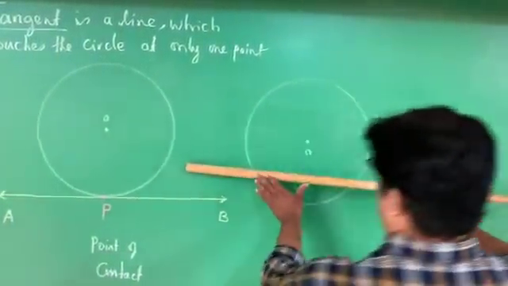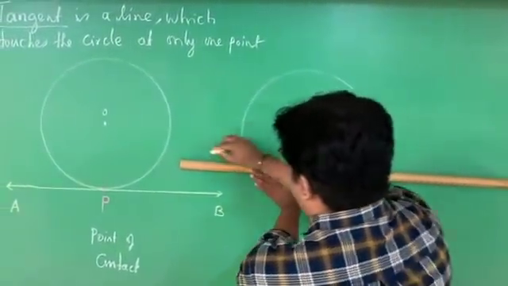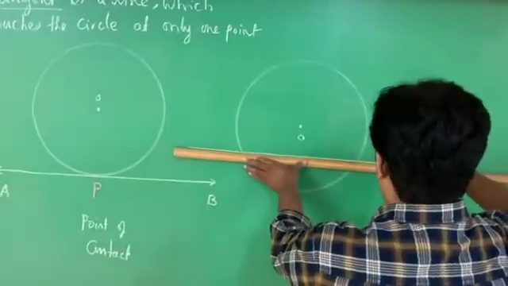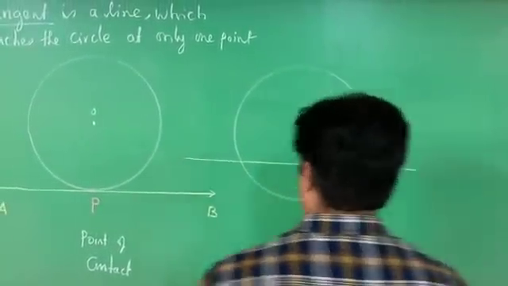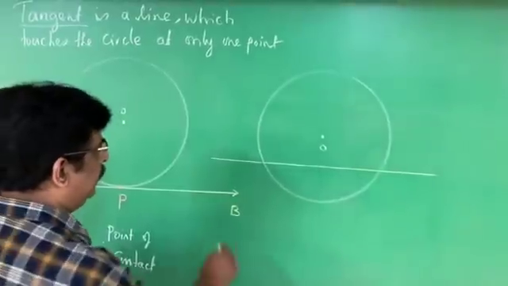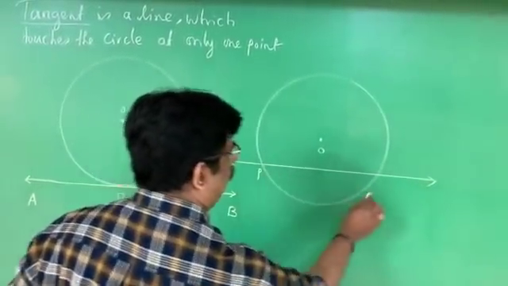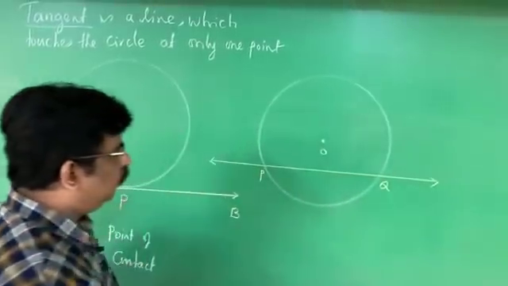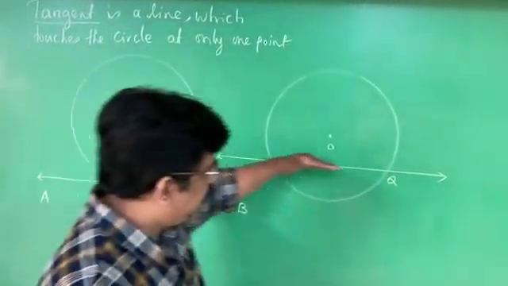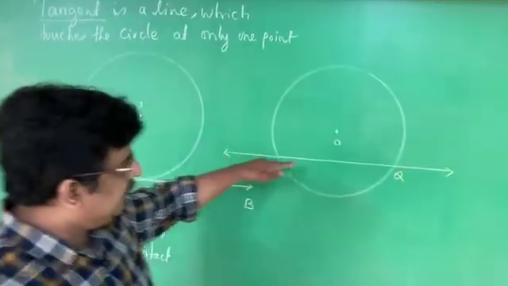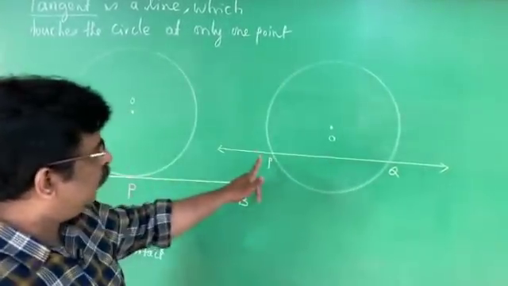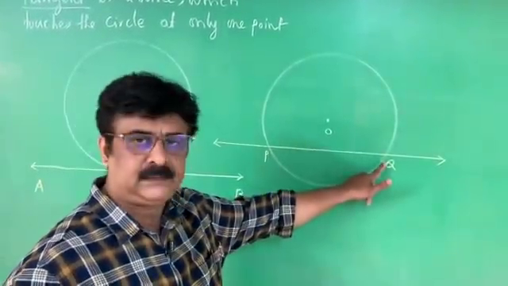For this circle I draw a line. This is a line. I call this line PQ. PQ is cutting, PQ is intersecting the circle at two different points.